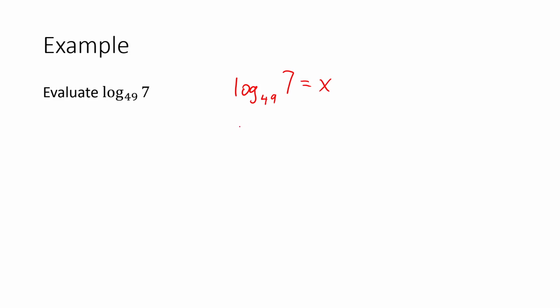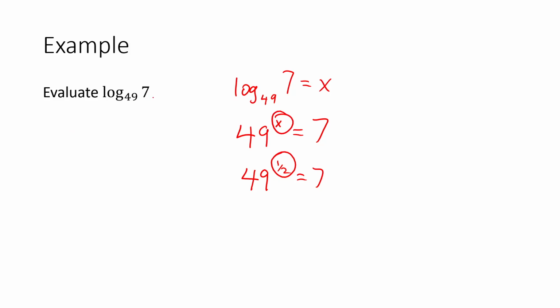Re-expressing our logarithm as an exponential, we get 49 to the x is equal to 7. We know that the square root of 49 is 7, so that means 49 to the 1/2 is 7. In other words, our x value must be 1/2. The exponent of 1/2 gets put on 49 to give us 7.